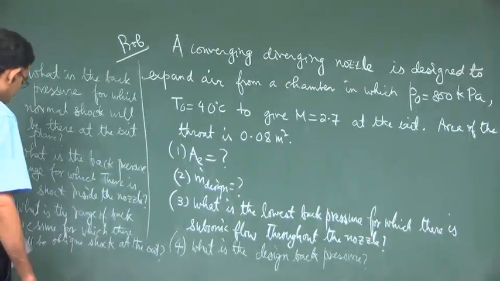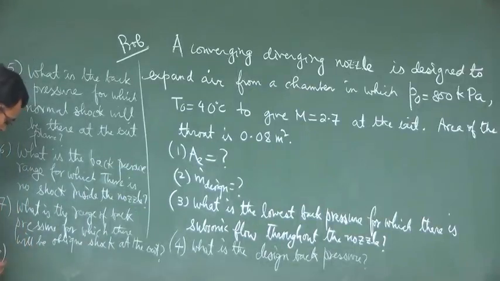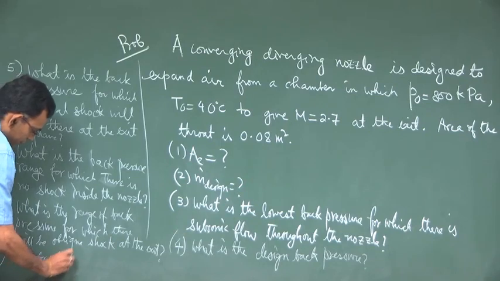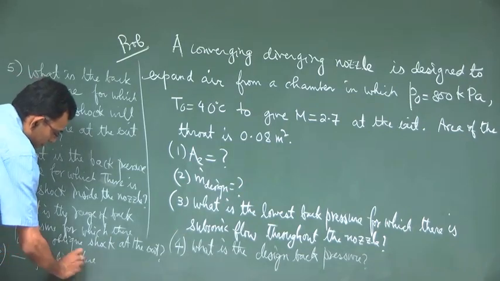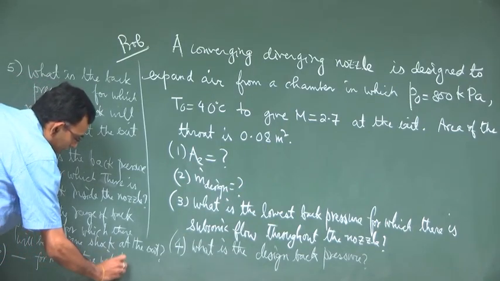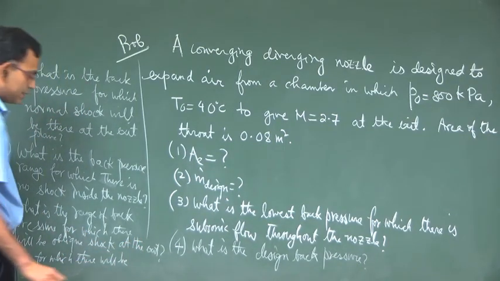And finally, what is the range of back pressure for which there will be oblique expansion wave at the exit?